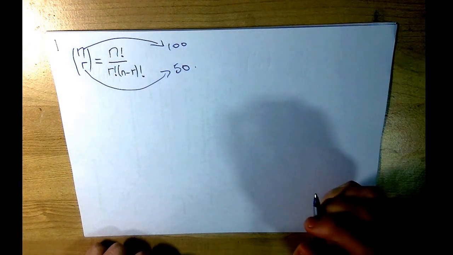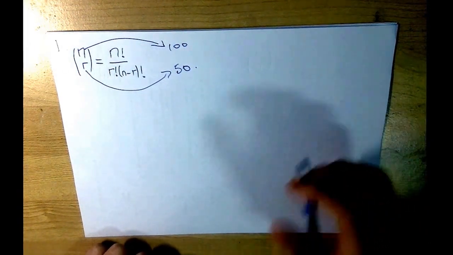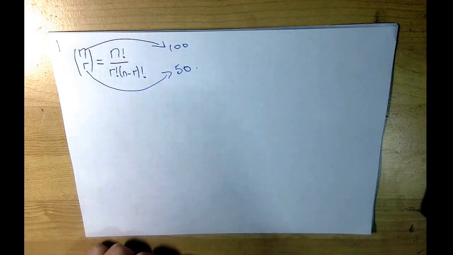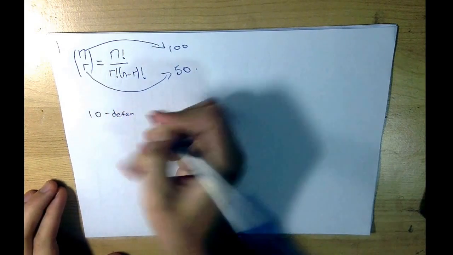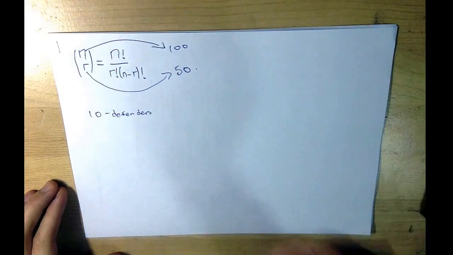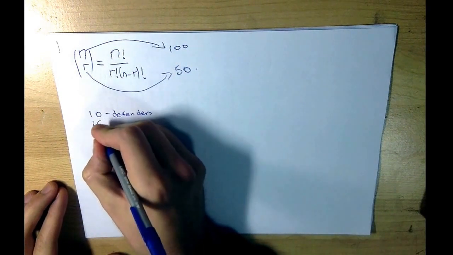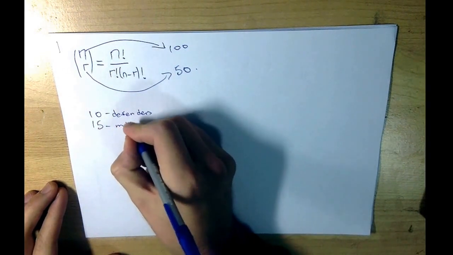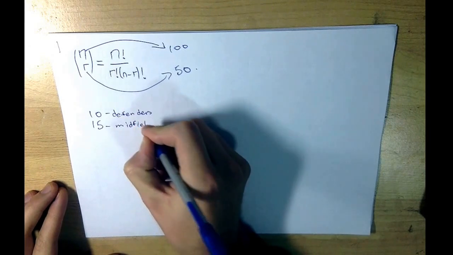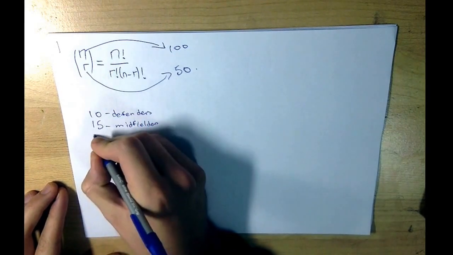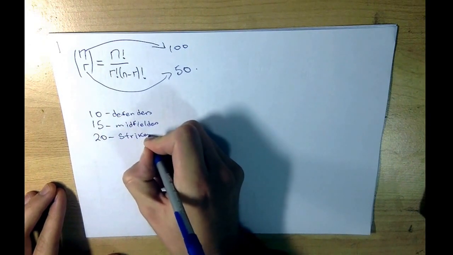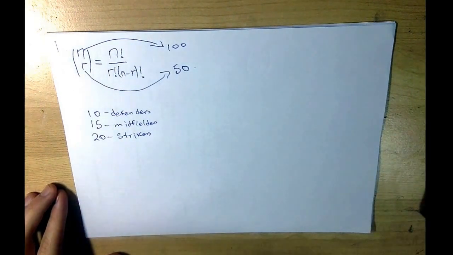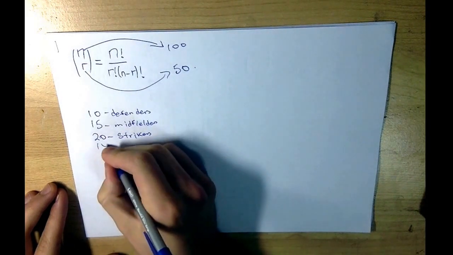Suppose a football team has 10 defenders, 15 midfielders, 20 strikers, and 10 goalkeepers.